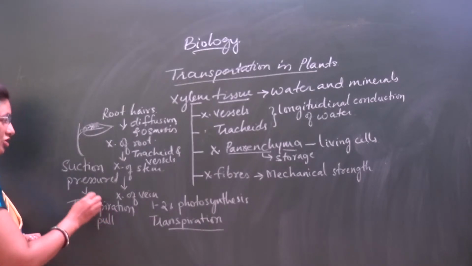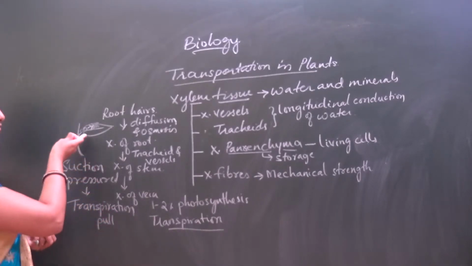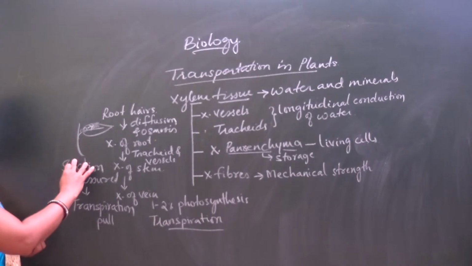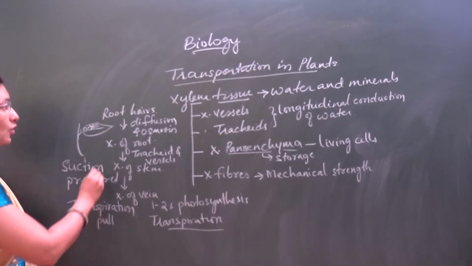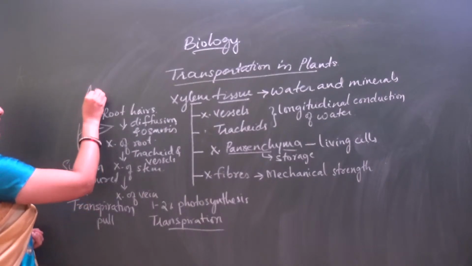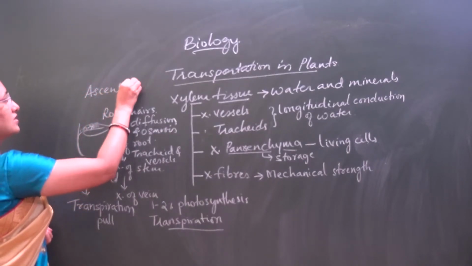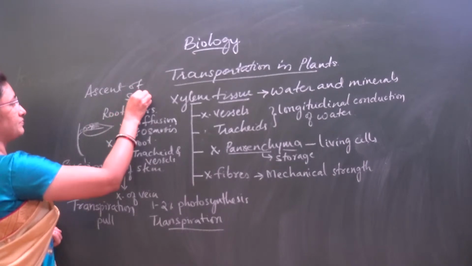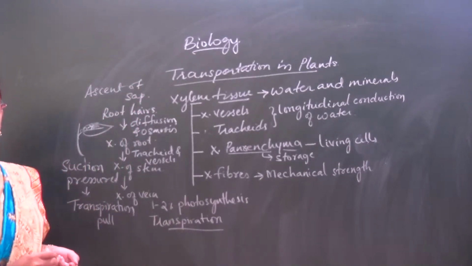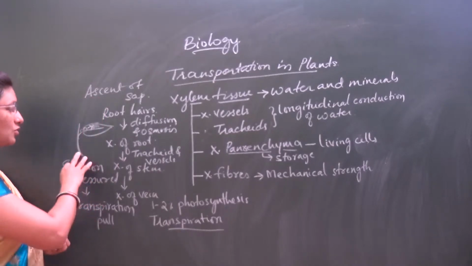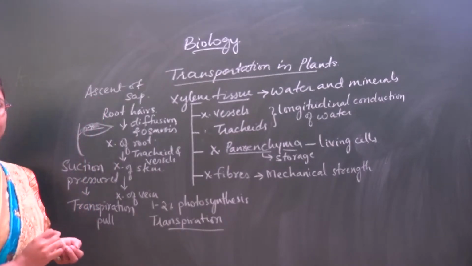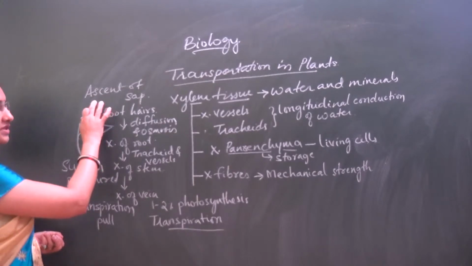When this transpiration pull is seen, the upward movement of the water from the roots to the aerial parts of the plant body is carried out, and the overall process is called ascent of sap. What is ascent of sap? The upward movement of the water and minerals from the roots to the aerial parts of the plant body is called ascent of sap.